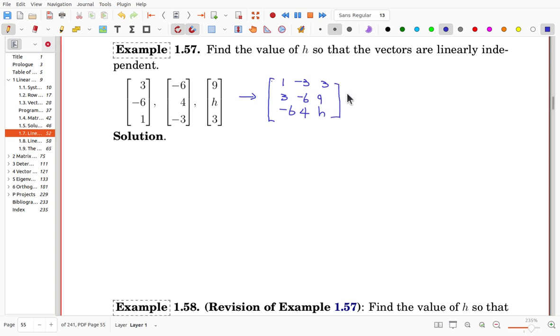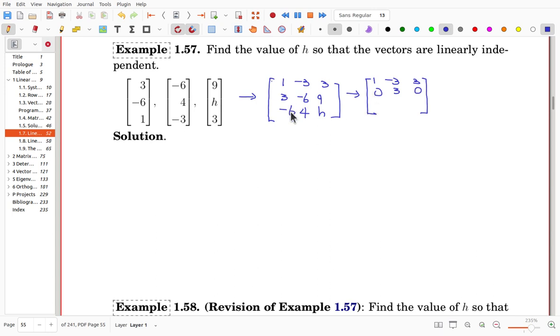From this one, 1, minus 3, and 3, and then now 3 times subtracted, then that will be 0. 3 times subtracted, so that will be here 3, and 3 times subtracted, so that will make a 0.